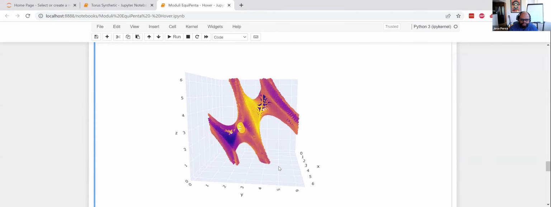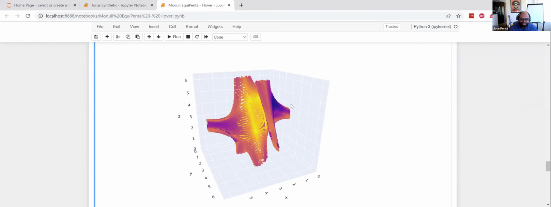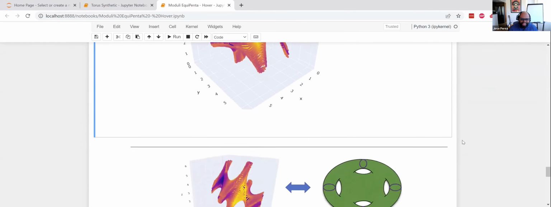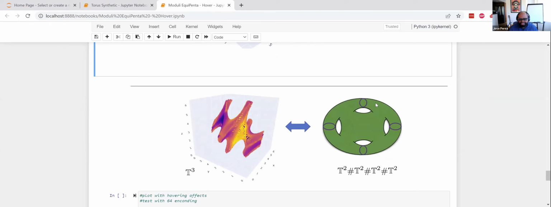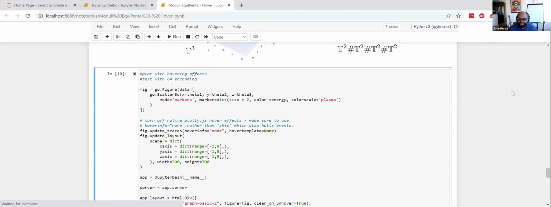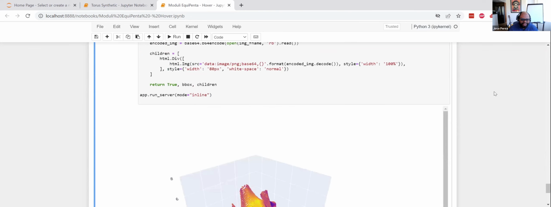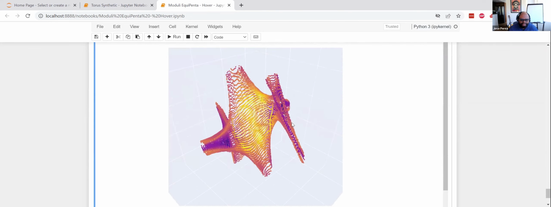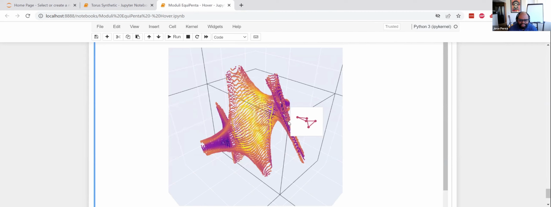Step 2, if you follow the identifications, the bottom identified with the top, the right identified with the left, and the front identified with the back, what you realize is that the data is actually a surface of genus 4. So it's a torus with 4 holes in it. Okay, so it's a very beautiful surface that we got to using topology. Now, if you write just some lines of code, you will be able to actually place the original images in the points where they are.